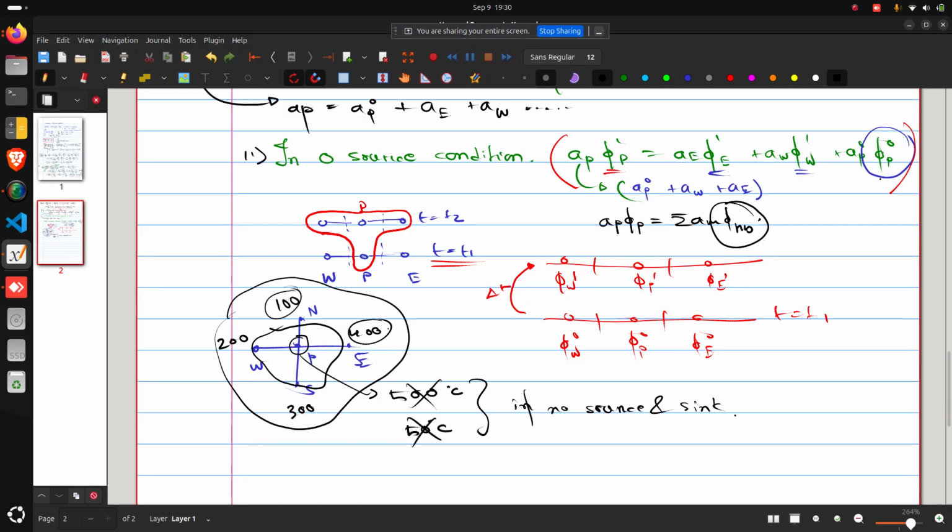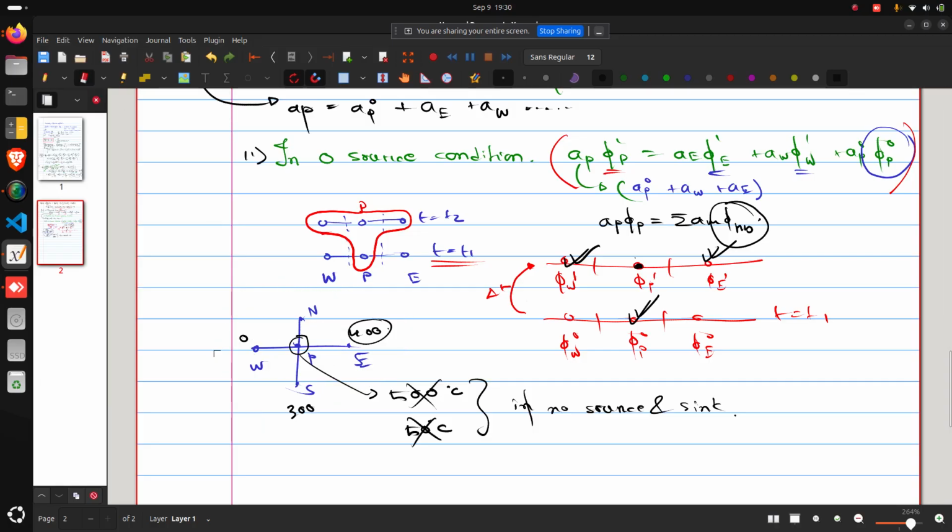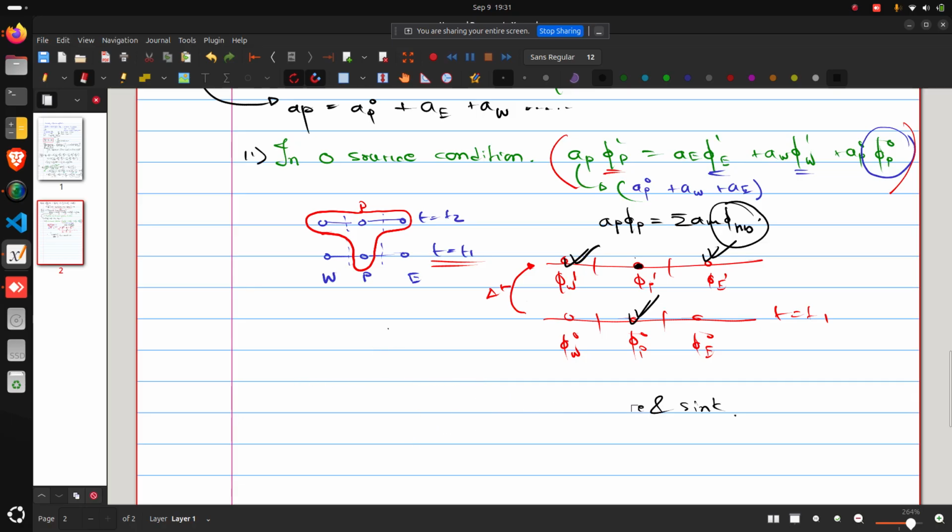So this value will depend on the west cell, the east cell, as well as the previous time step cell value. In this way we can say that the scheme we have developed is bounded by its neighbors, where the neighbors can be both in space as well as in time.